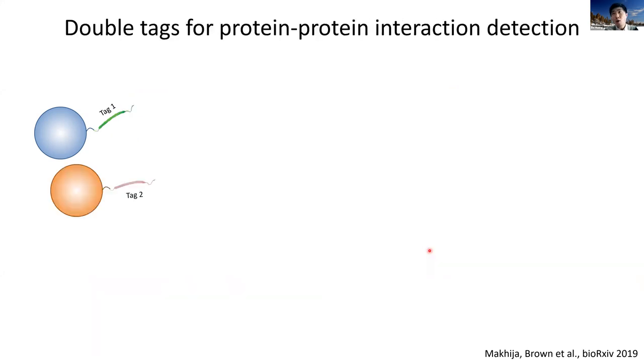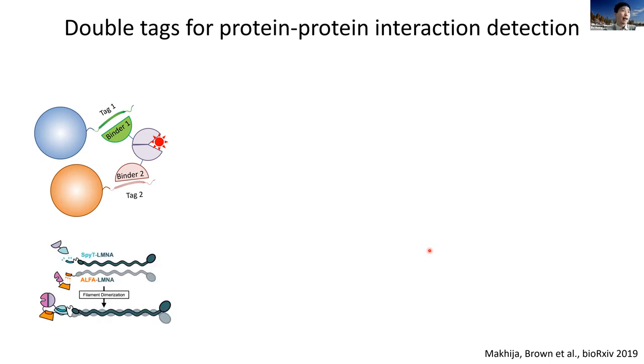And for example, we can have two tags with two binders, one on each tag, and in this case we can use split HaloTag to detect an interaction between two endogenously tagged proteins. We did a very simple demonstration, again on NAMing, but in this case with a double knock-in of NAMing with SPY-tag and alpha tag.